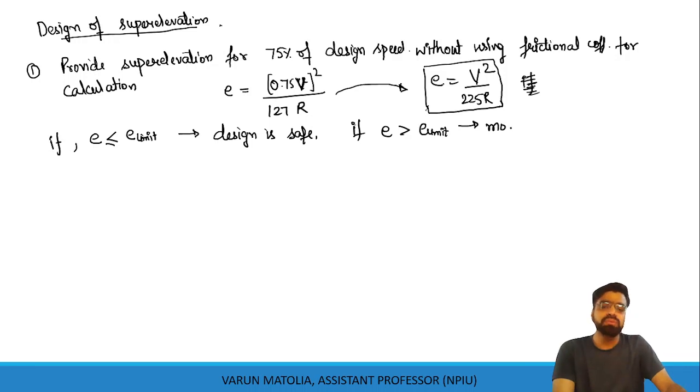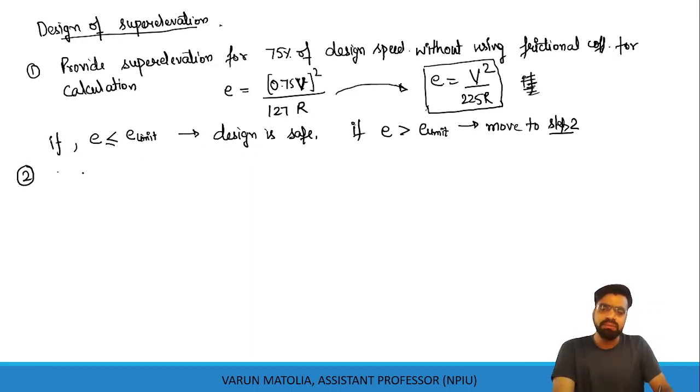Move to step 2. So what is step 2? For step 2, we will consider this E value to be the maximum, and we will use this value to calculate friction. So how?